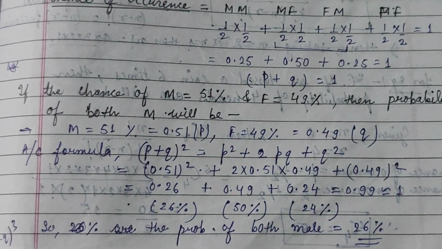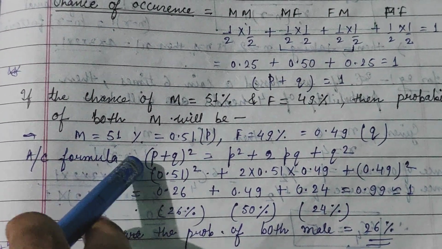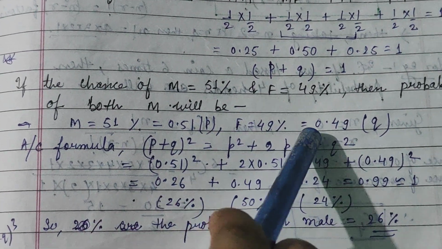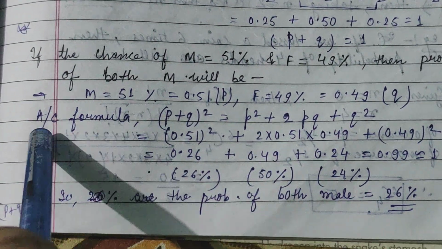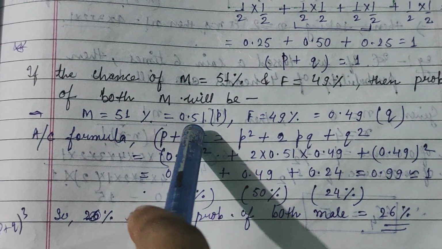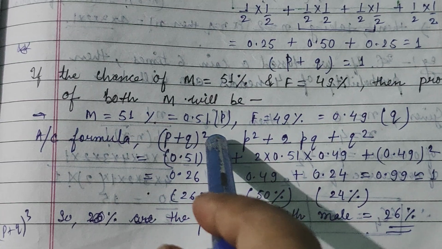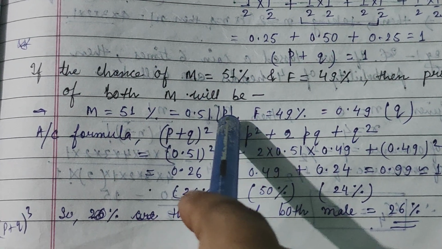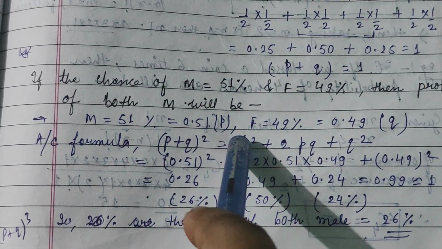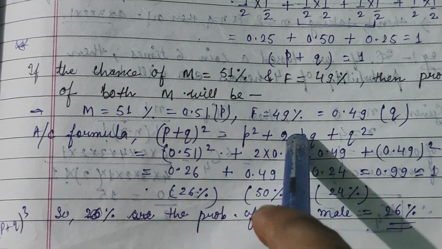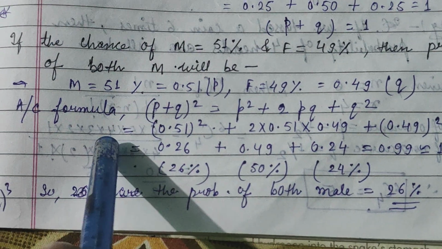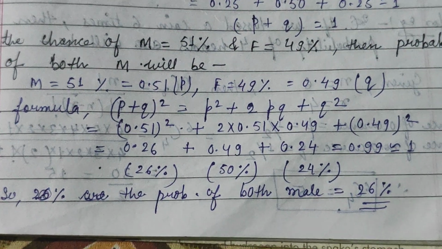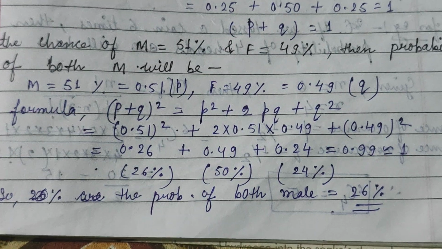We can take another example. If the chance of male is 51% and female is 49%, what is the probability of both male? So 51% male we can express as 0.51, denoted by P, and female equals 49%, that means 0.49, that is Q. According to the formula, (P plus Q) whole squared equals P squared plus 2PQ plus Q squared.